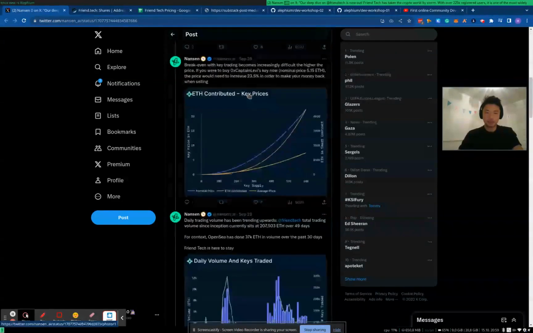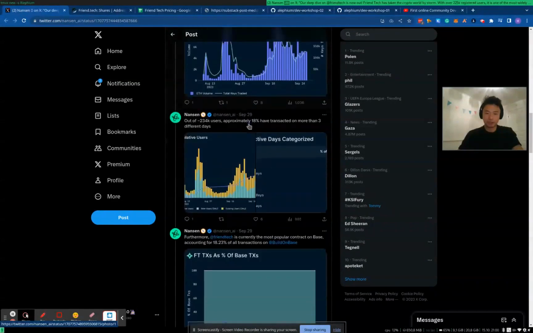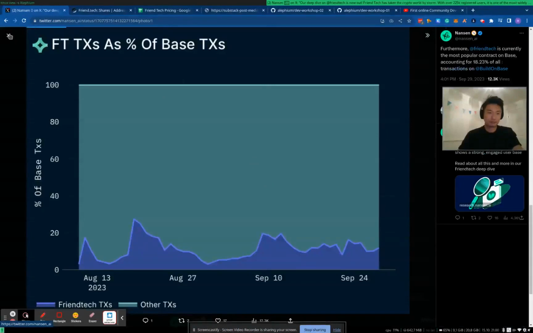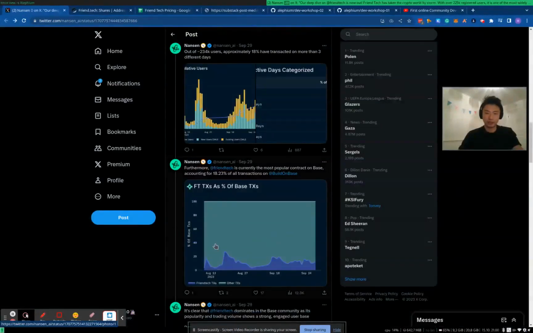And when it comes to the number of transactions, it accounts for around 80% of all transactions on Base, which is a layer 2 for Ethereum, built by Coinbase.